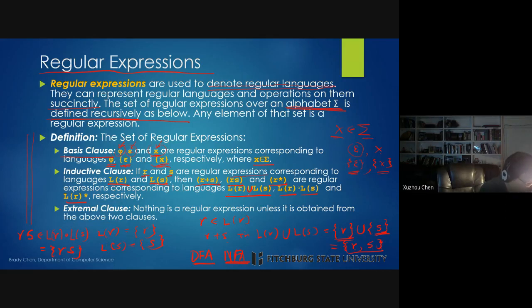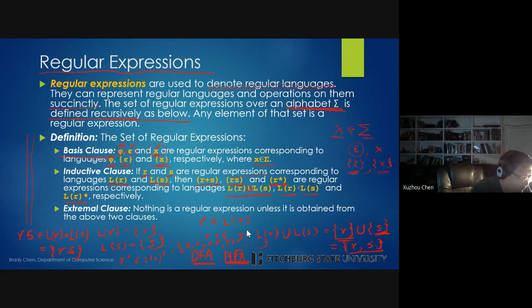And also the last case, R star is in LR star, which basically means epsilon, R, R, R, R, R. Star basically means it's concatenated with itself as many times as you can.